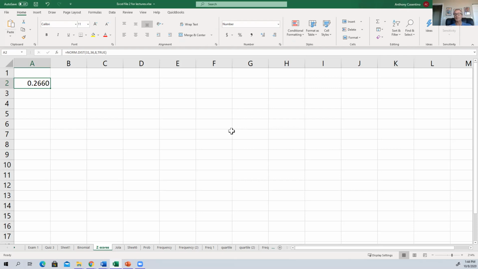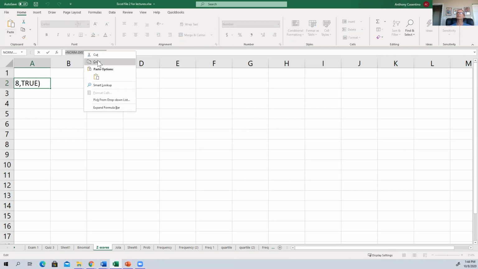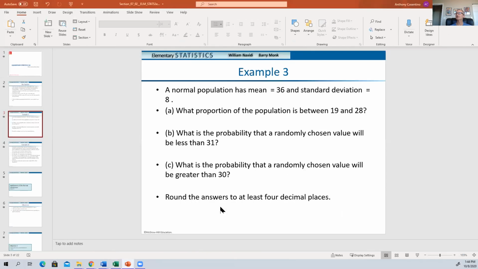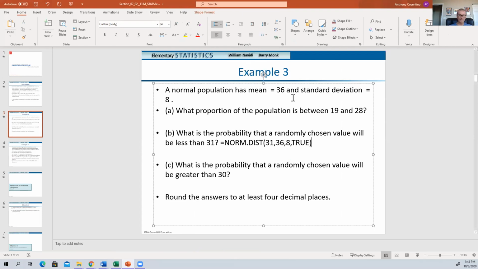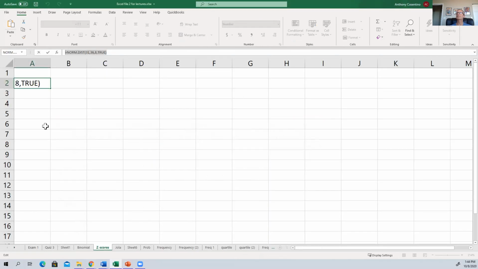And so to help, let me copy and paste the formula and stick it right in our spreadsheet here. And so that's what you would plug into the spreadsheet.